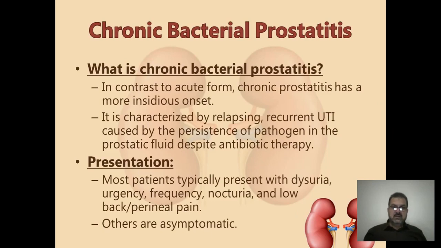Chronic bacterial prostatitis has a more insidious onset. Usually it is due to relapsing recurrent urinary tract infection. Most patients come with irritative voiding symptoms: dysuria, urgency, frequency, nocturia, low back pain, and perineal pain.